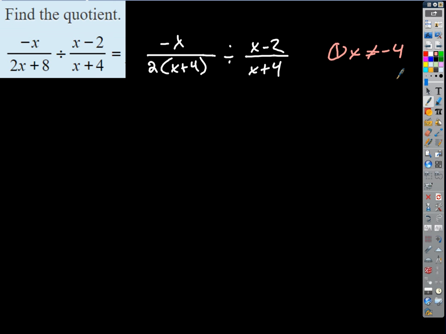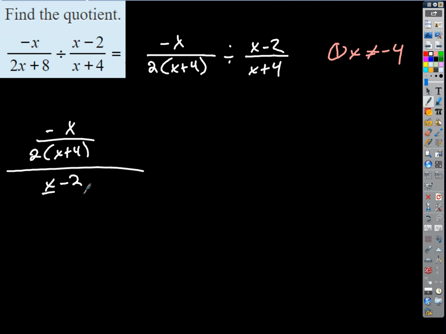The other way we could write this would be negative x over 2 times x plus 4, all divided by x minus 2 over x plus 4. A lot of times I like to just do that. Now we know that in both of those denominators we have to exclude -4.